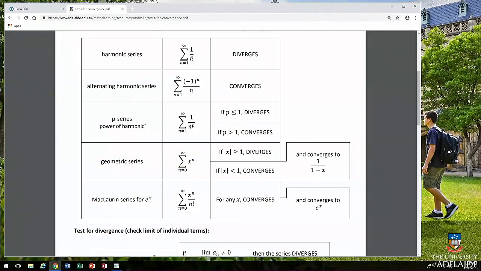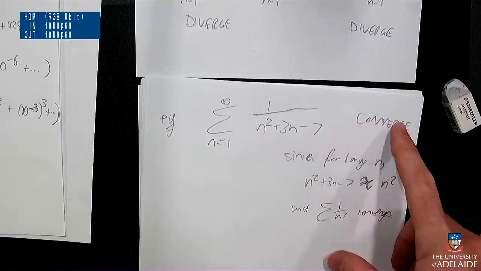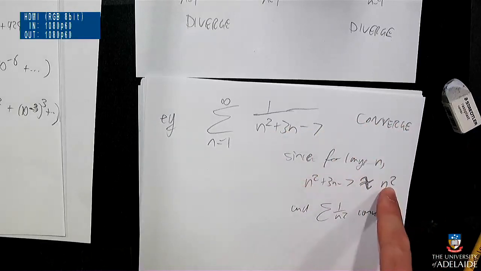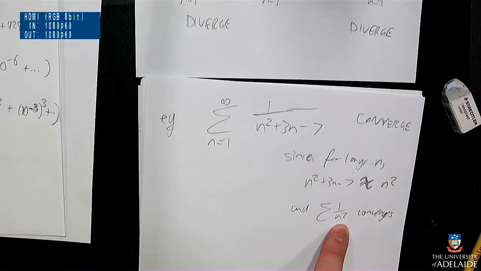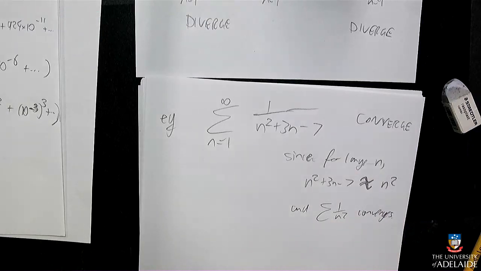So if it has something like this, that would converge, since for large n, this is approximately n squared, and that converges. And that reasoning sounds pretty dodgy, but there are ways to make it more specific, so that's good enough. So if you happen to see something that's quadratic on the bottom, you can just say it converges. And the lecturer did that at least a couple of times in the examples, so you're allowed to do it too.